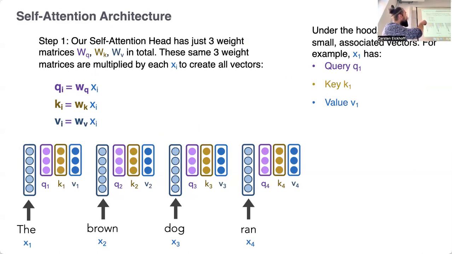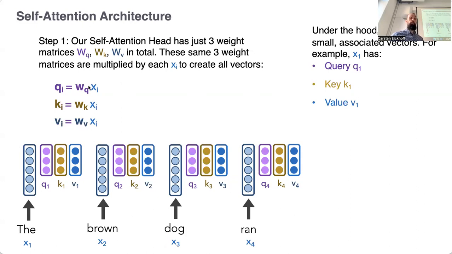So for each of these components, my queries, my keys, my values, I have a dedicated weight matrix. So I have a thing that turns X's into queries, and I have a thing that turns X's into keys and X's into values.